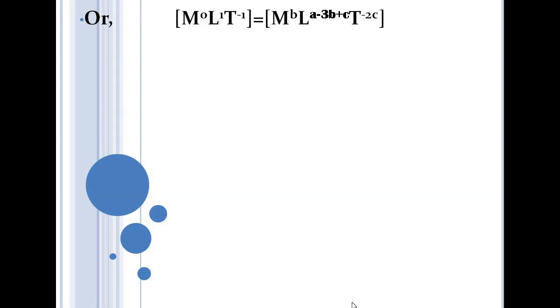As before, just equate the exponents of the similar quantities. For the M, b equals to 0 from the first, similarly a minus 3b plus c equals to 1, and minus 2c equals to minus 1, obvious, that is, then c equals to 1 by 2.